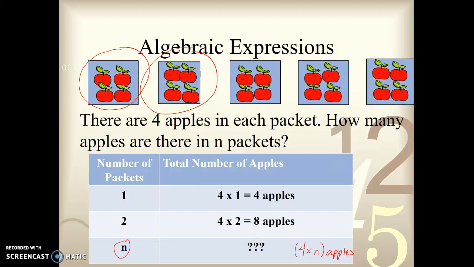Now I'm going to show you something that's going to be really exciting. Well, it's exciting for me because I'm a math teacher, but whatever. So in algebra, we have some shorthand ways of writing things. Instead of writing 4 times n, I can just write 4n. 4n is the same as writing 4 times n.